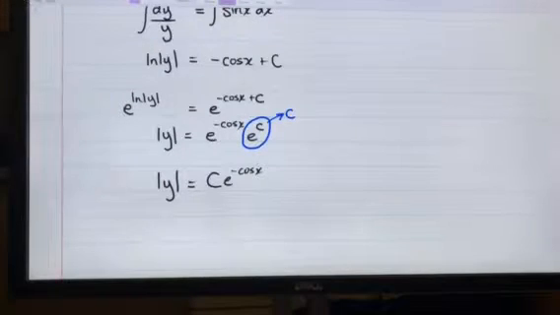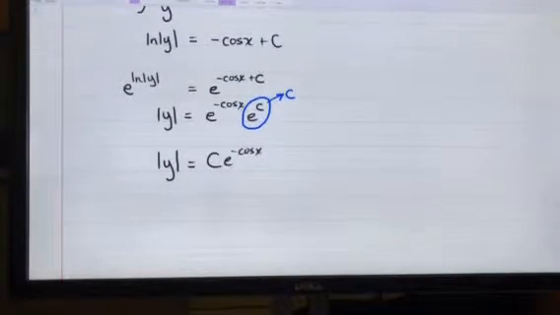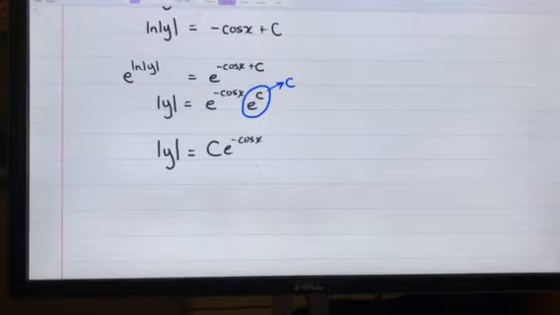Now for the next phase, there will be some seeming redundancies. Upon taking out the absolute value notation, we're going to have y equal to plus or minus c times e to the negative cosine of x.